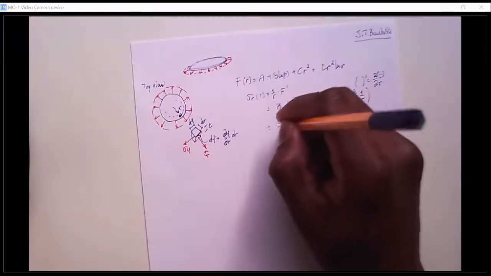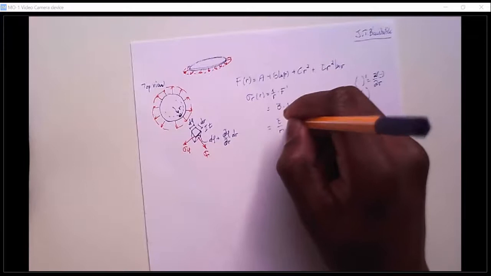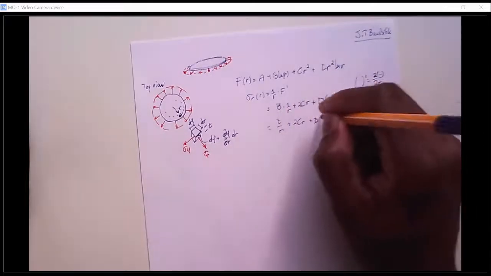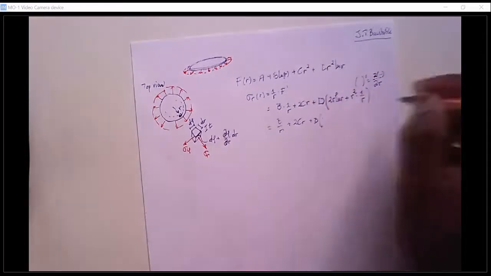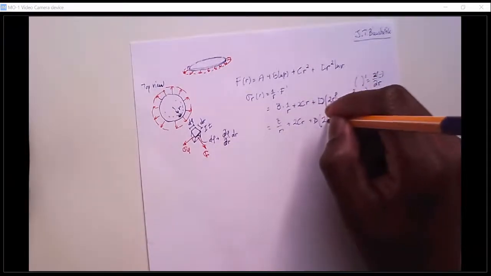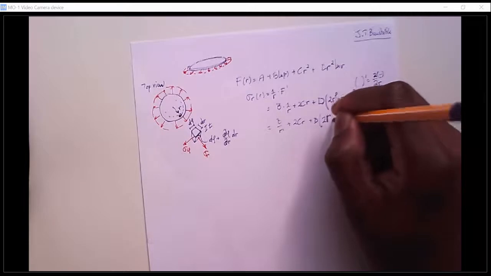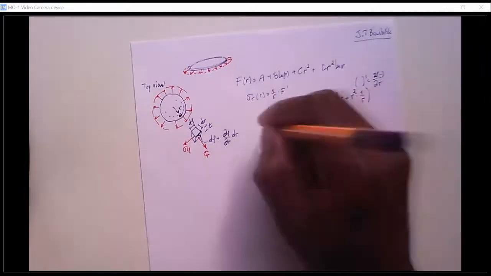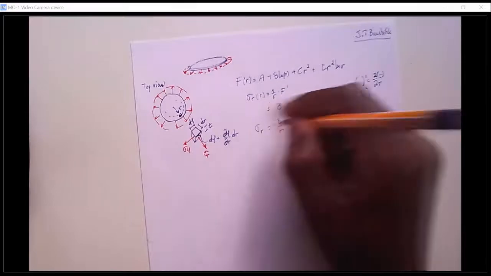So we obtain b divided by r plus 2cr plus g times 2r ln r plus r. That's sigma r.